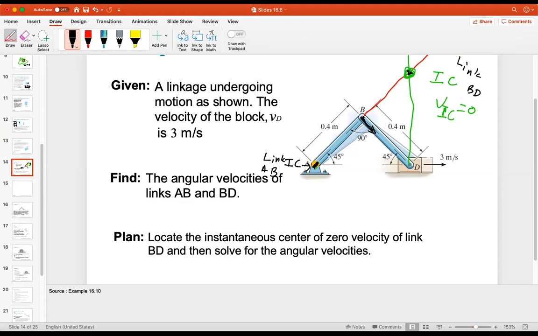And then once you have that, you can go from the velocity at point D to finding the angular velocity about this instantaneous center. And once you have that, you can figure out the velocity of B. And once you have the velocity of B, you can find the angular velocity of link AB. So that's the way you should proceed through this problem. Take a second, work that out, maybe pause the video.